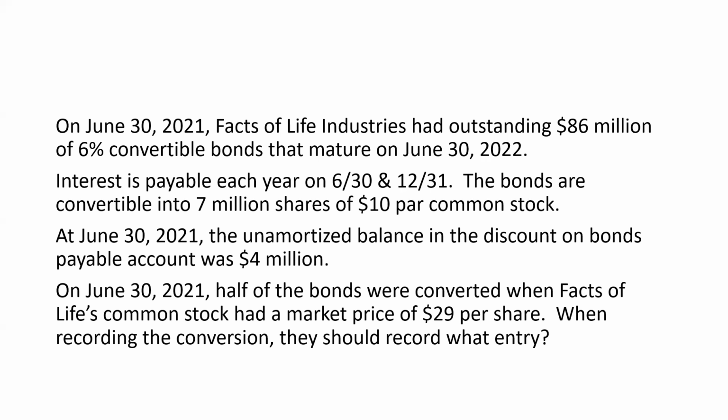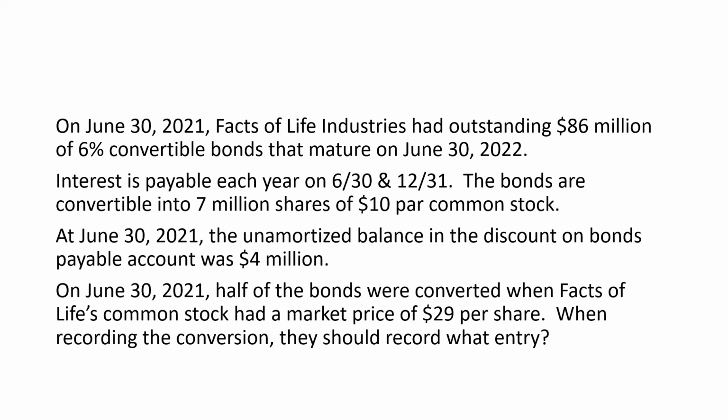All right, on June 30th, 2021, Facts of Life Industry had outstanding 86 million of 6% convertible bonds that mature on June 30th, 2022. Interest is payable each year on June 30th and December 31st. The bonds are convertible into 7 million shares of $10 par stock.